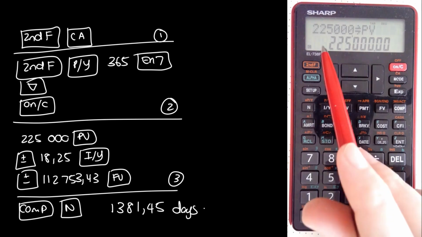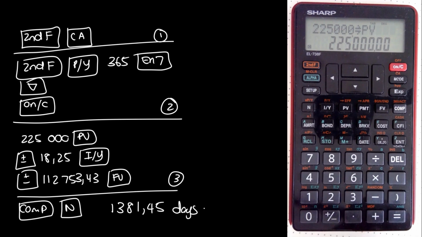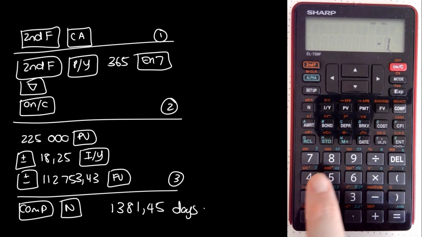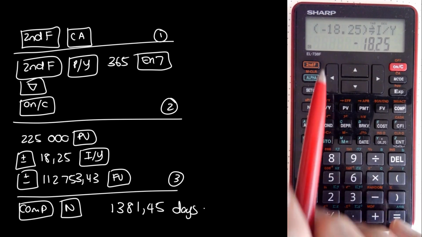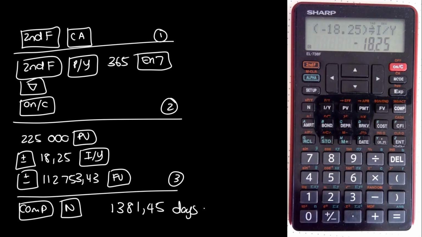So it's 225,000 PV. And it's positive because it's an asset that we have. And then it's deteriorating. So we're going to say minus 18.25 IY. That's the depreciation, and it's an outflow of money because it's losing its value. And then we're going to put in its book value, which is its future value. Because our present value was positive, it's going to be negative.